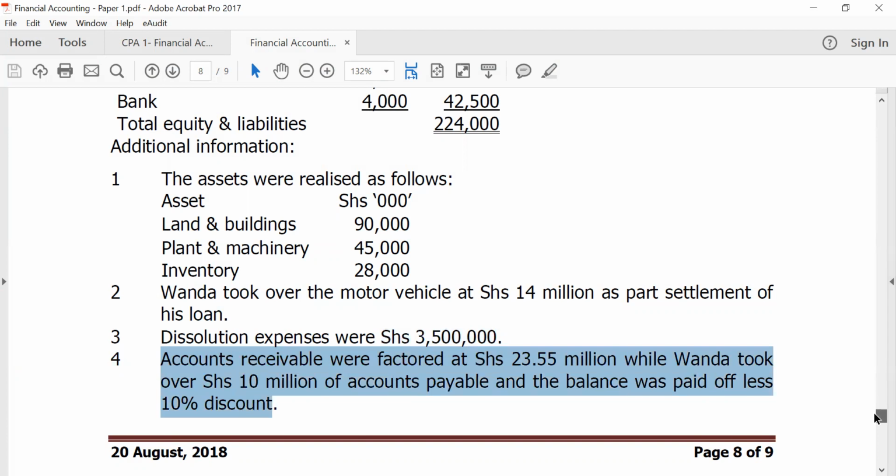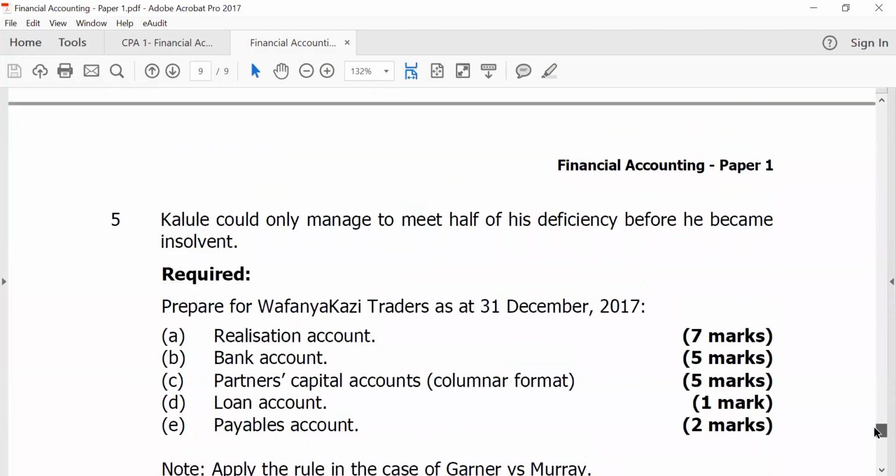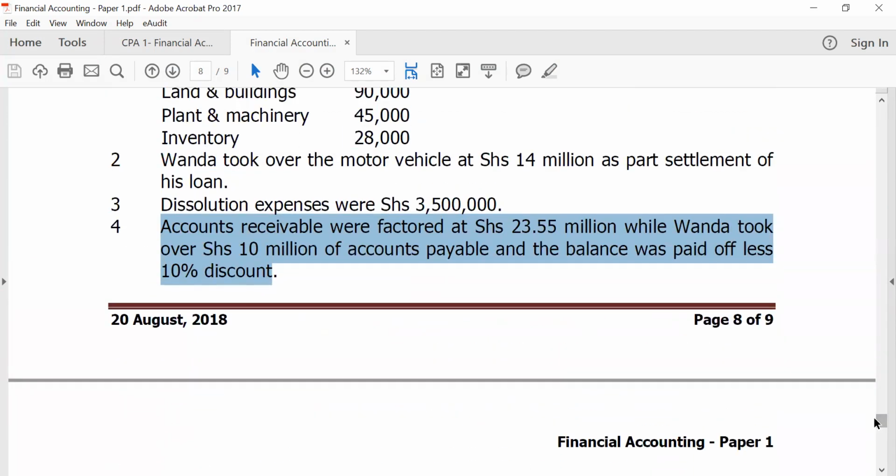Now, this also has one of the things, I think they asked us for the payables account, they didn't ask us for the receivables account. So they're telling us that accounts receivables were factored. Now, factoring is more of a receivable management system where you accept a lower amount for whatever you have as a receivable.